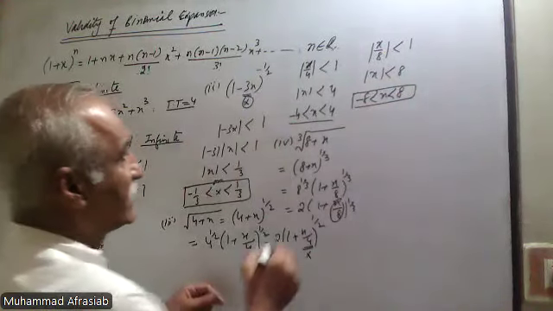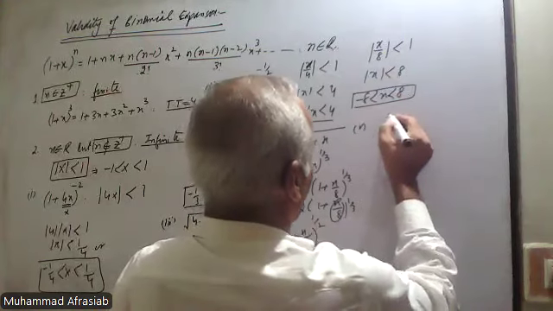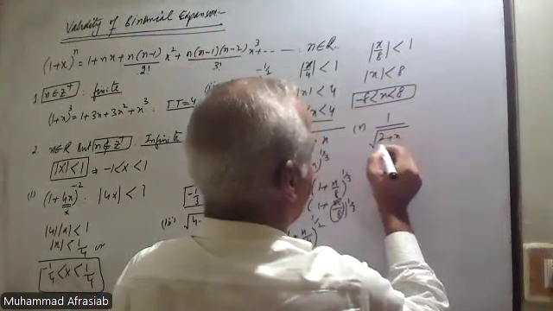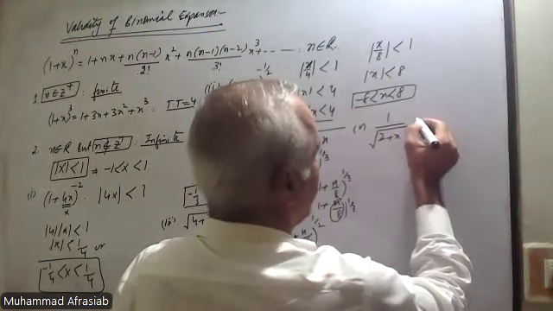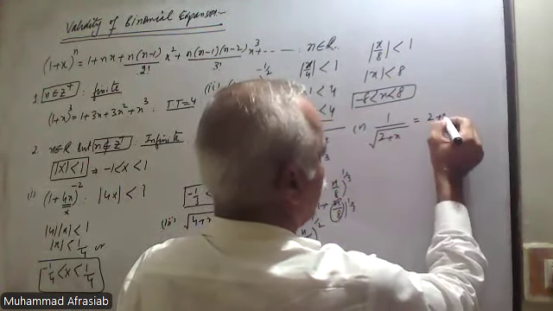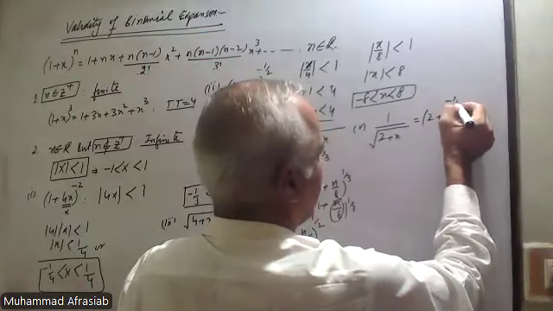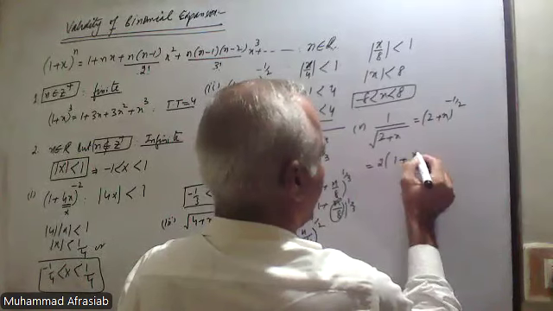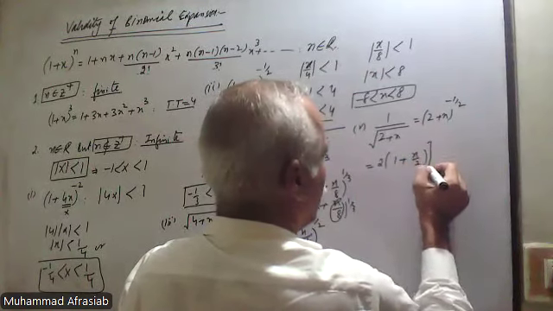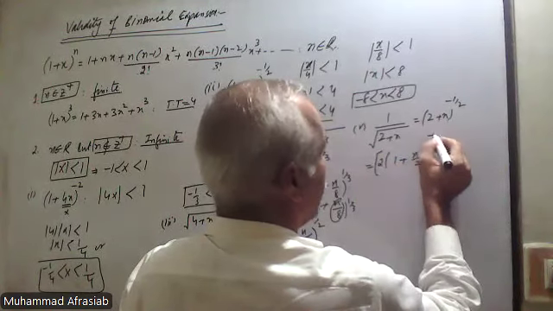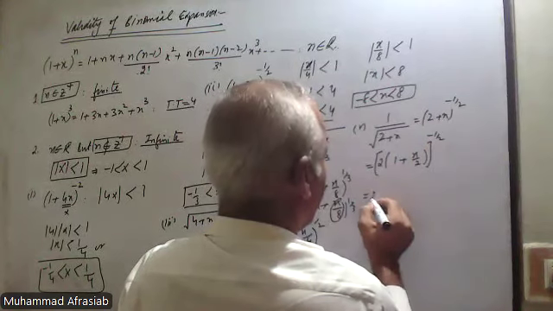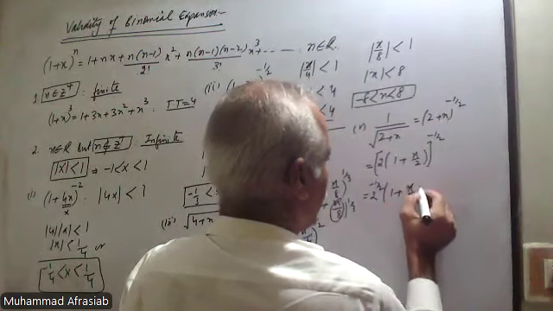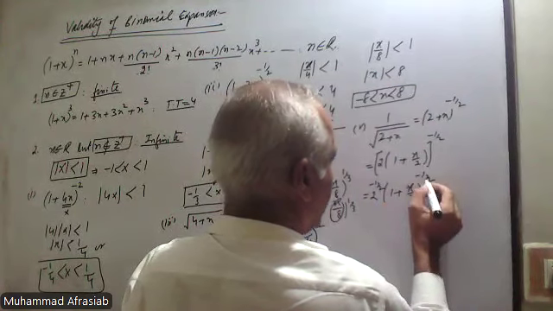Suppose we have another example, 1 over the square root of (2 + x), which we can write as (2 + x)^(−1/2). Taking 2 common, this is (1 + x/2)^(−1/2), or 2^(−1/2)(1 + x/2)^(−1/2).